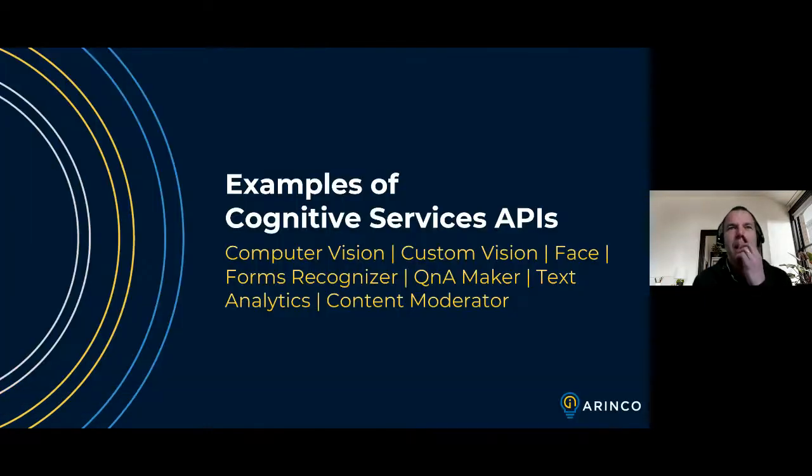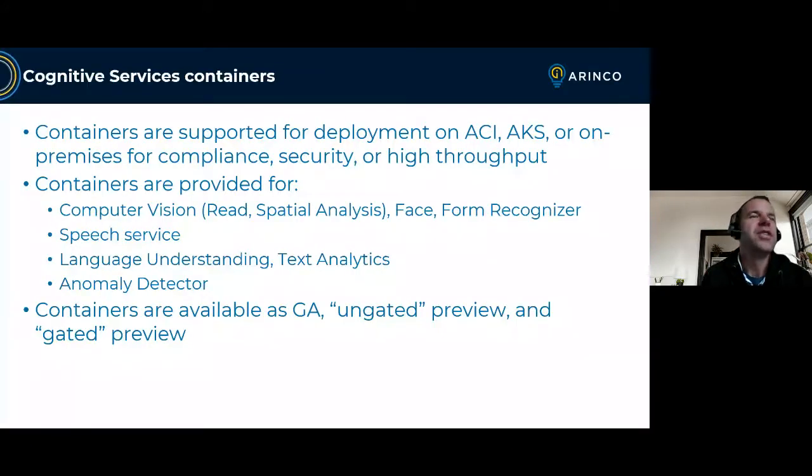Onto a few more slides to begin to wrap things up. I mentioned support for containers a little bit earlier. Azure Cognitive Services support containers for deployment on a container platform such as ACI, AKS, or your own premises.